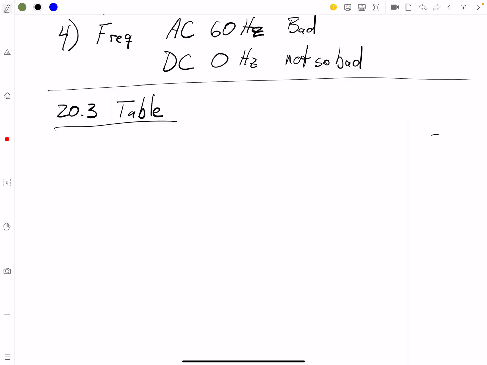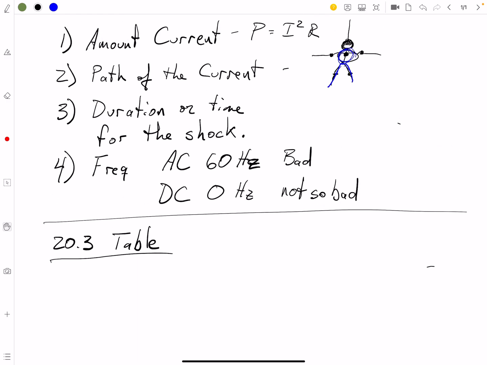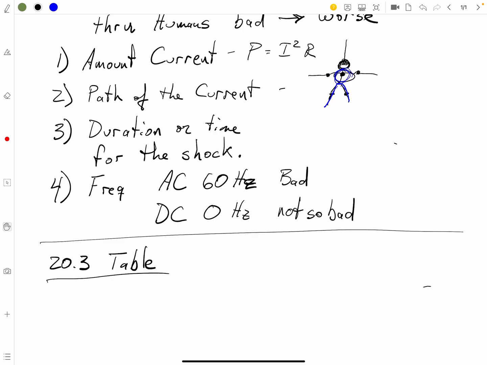And it talks about the different currents. That is the very number one thing that will be the worst part, right? Even a very short, if it's a large current, you're in trouble. So table 20.3 talks about the different currents.